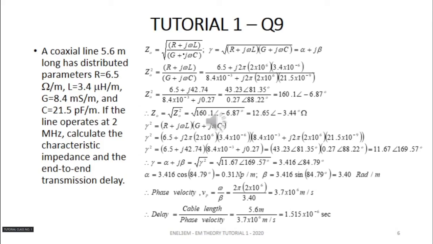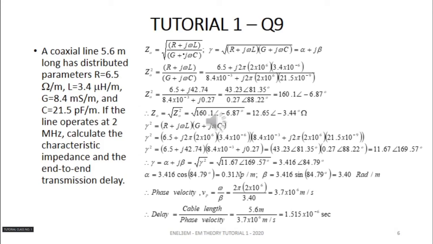Now, to get beta, we notice that gamma squared is equal to (R plus j omega L) times (G plus j omega C). We need this in order to calculate beta, but we will also calculate alpha, though it's not necessary here, because all we need is to determine the end-to-end transmission delay.